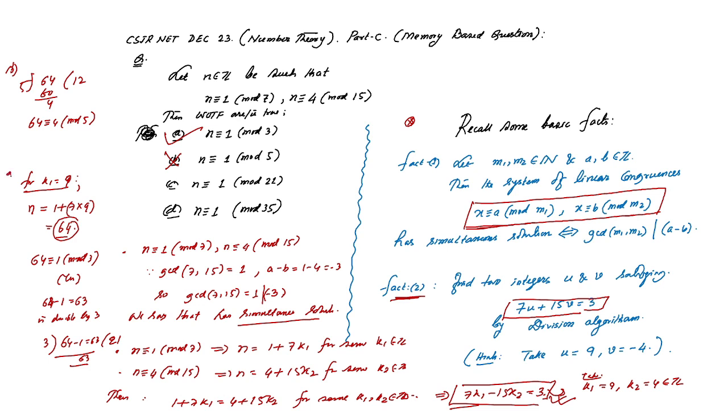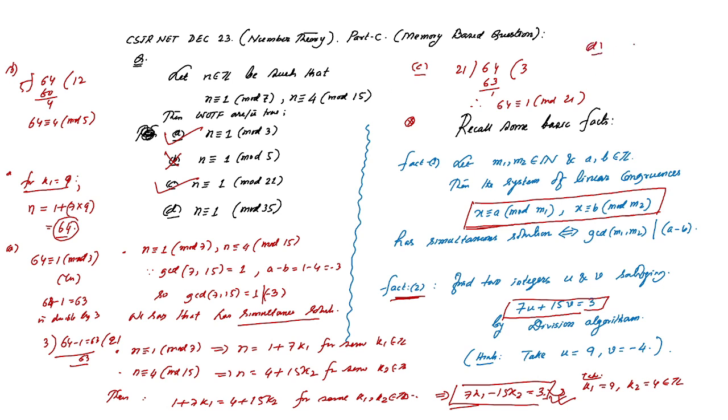Again, for option C, if we divide 64 by 21, that means 64 is congruent to 1 mod 21. So this is true.